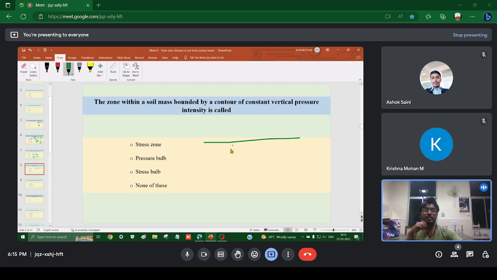See, suppose the pressure is P, and these are the points which indicate the pressure P. If I join all these points, this contour of constant vertical pressure intensity is called isobar, and the zone within an isobar is called pressure bulb. Not stress bulb, but pressure bulb.